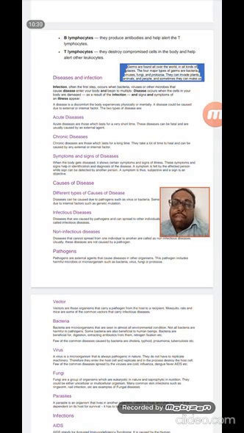For example, when we get fever and go to the doctor, we say I have severe headache, severe body pain, sometimes vomiting, diarrhea, that is loose motion. These are called symptoms. From that the doctor will see the main things: okay, he has a severe headache, one sign; next sign, he has body pain and high body temperature. From that he will come to a conclusion whether it is viral or bacterial. That is the difference between signs and symptoms.